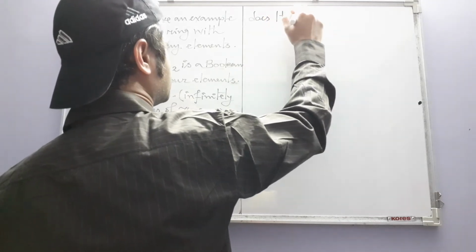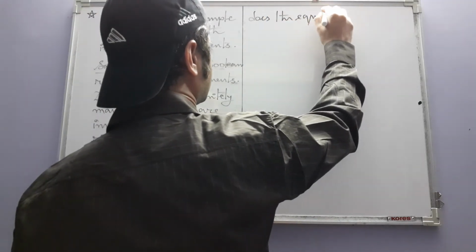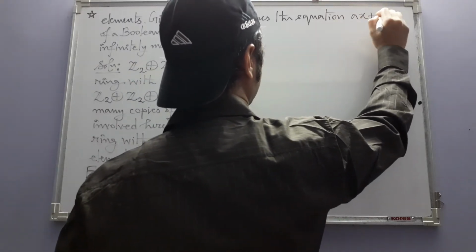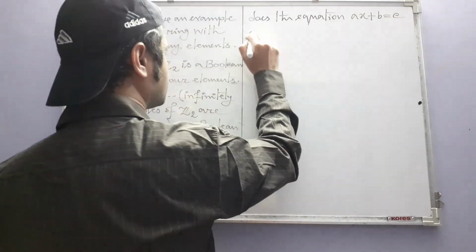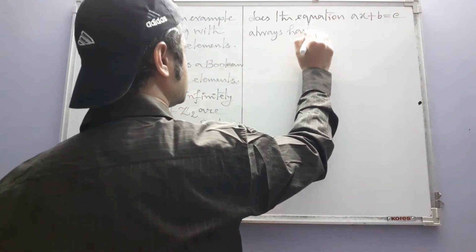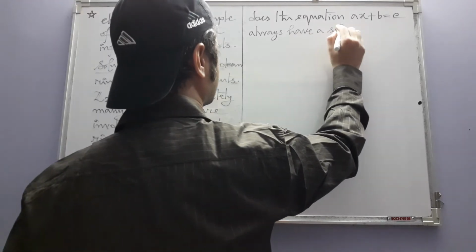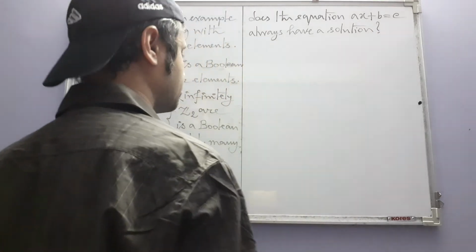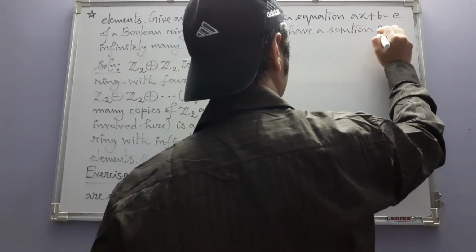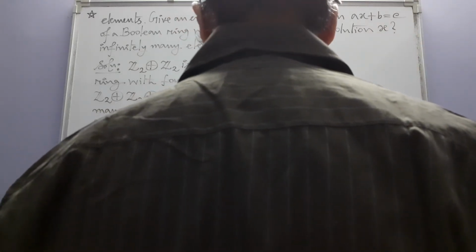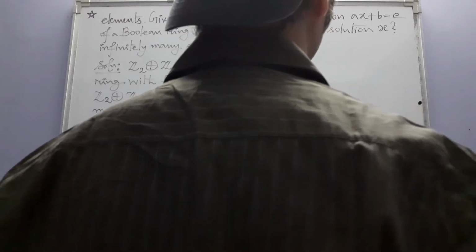Does the equation Ax plus B equal to C always have a solution? That is, one always have a solution x. That is one part of the exercise. If it does, must the solution be unique?